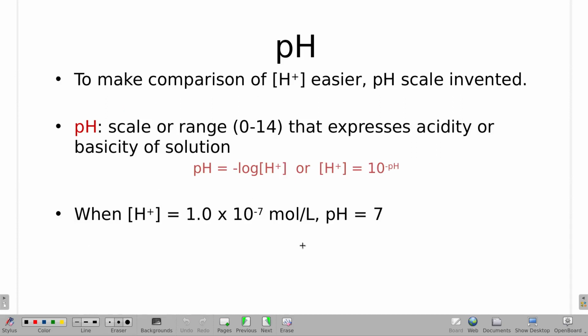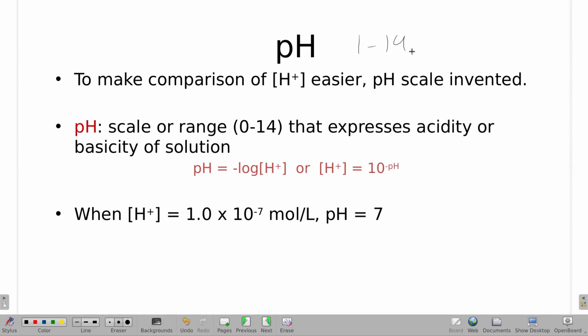Okay, now more often than not though, we relate concentrations of acids to something called the pH. The pH scale just makes things easier because it ranges, and I'm going to write this, 1 to 14. Now, turns out that's not the only range. It actually can be a negative value.